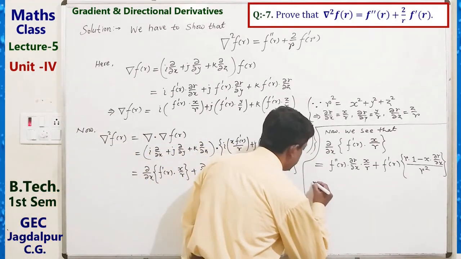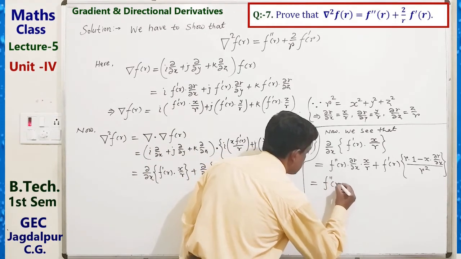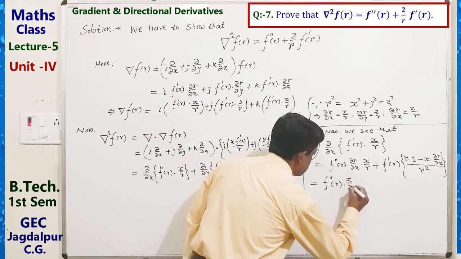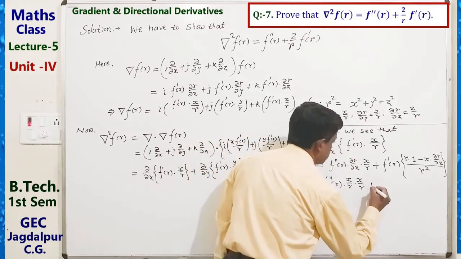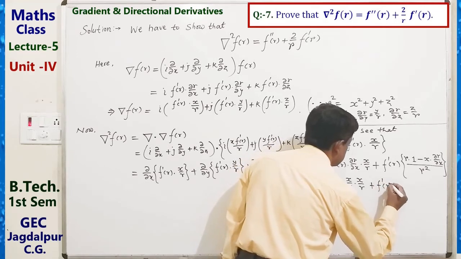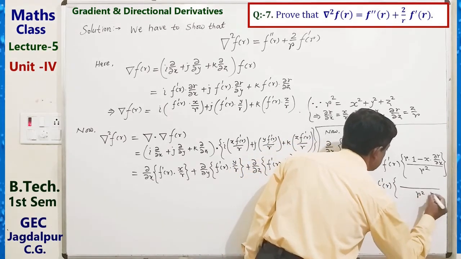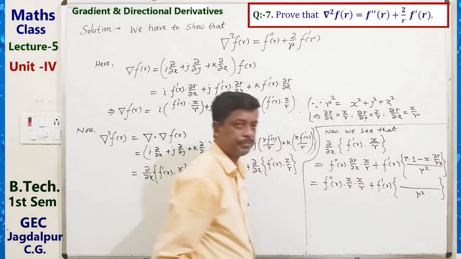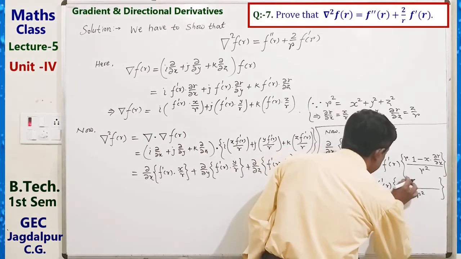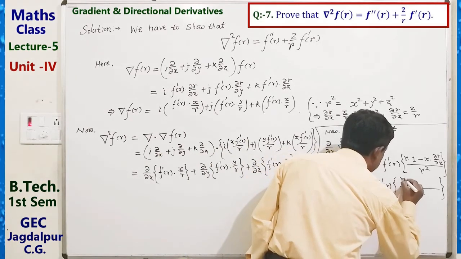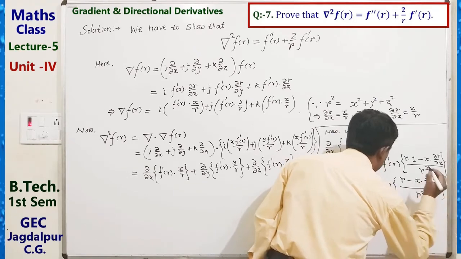So we get f double dash r x by r into x by r, plus f dash r times (r minus x into x by r) upon r square.